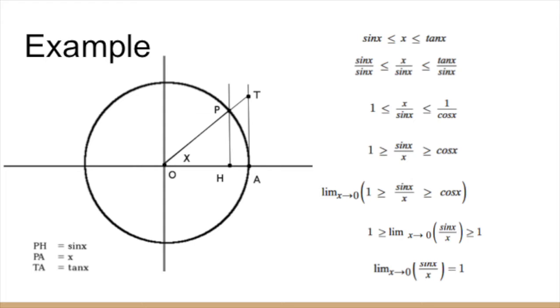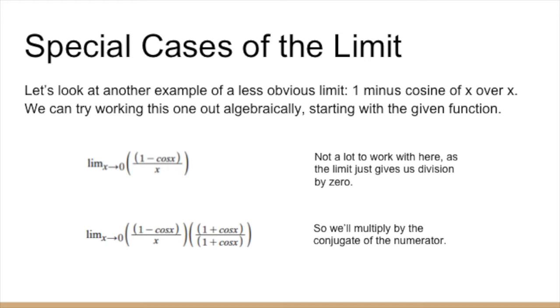Let's look at another example of a less obvious limit: 1 minus cosine of x over x. We can try working this one out algebraically, starting with the given function. Not a lot to work with here, as the limit just gives us division by 0. So, we'll multiply by the conjugate of the numerator.